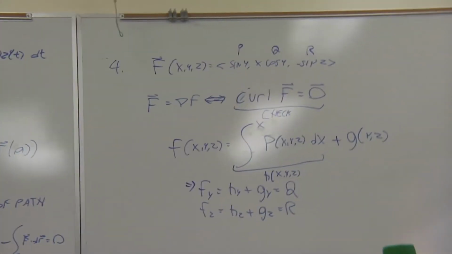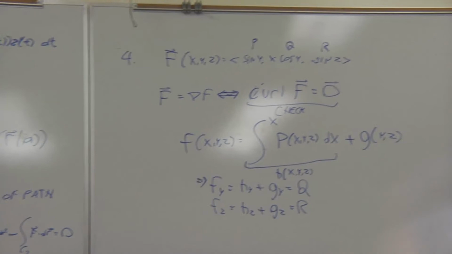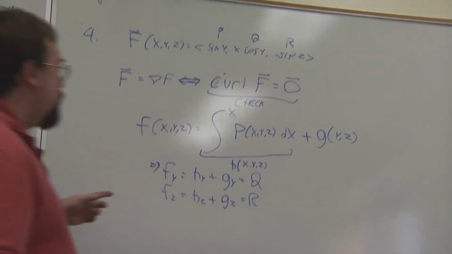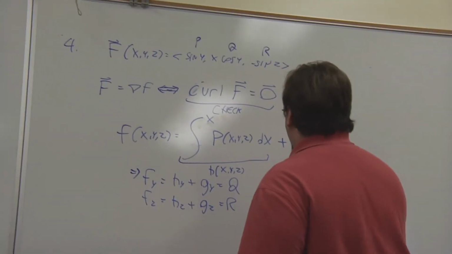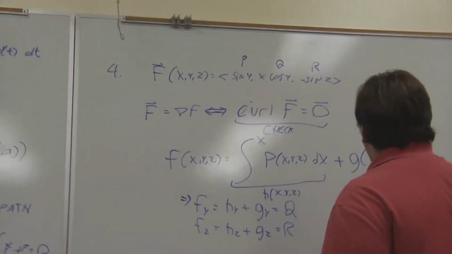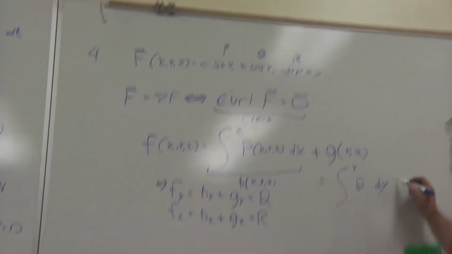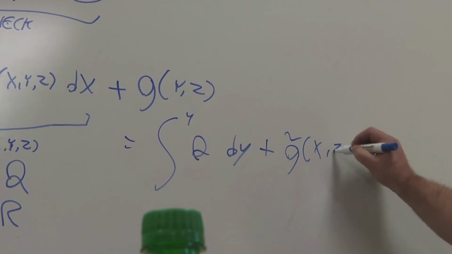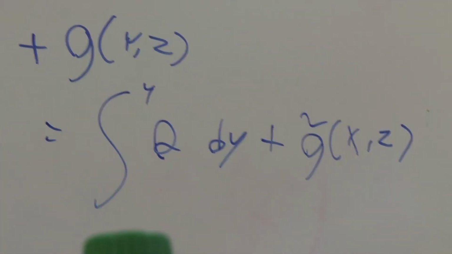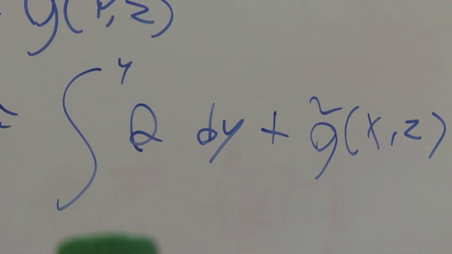For some functions you might be able to eyeball it. The other approach is to pick a different function, pick Q, integrate with respect to y, and then you have some function of only x and z. So you can start however you like, whichever is easiest.